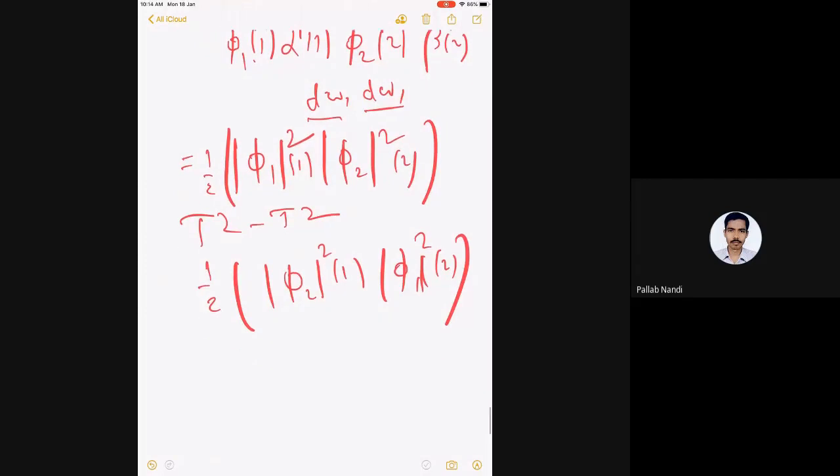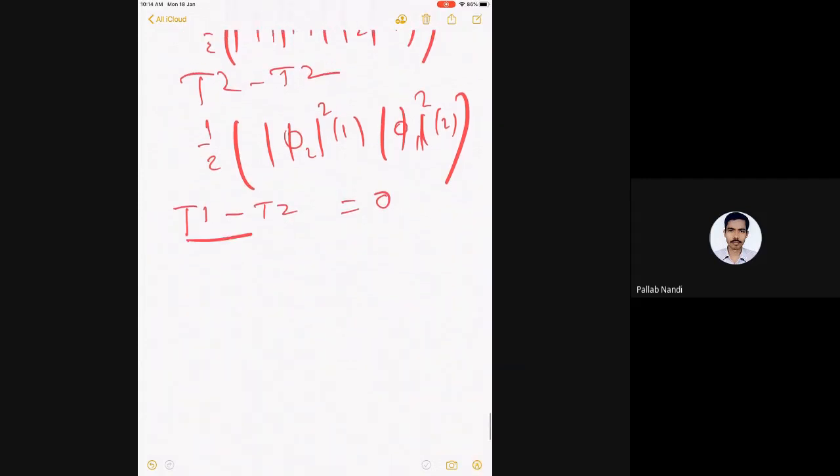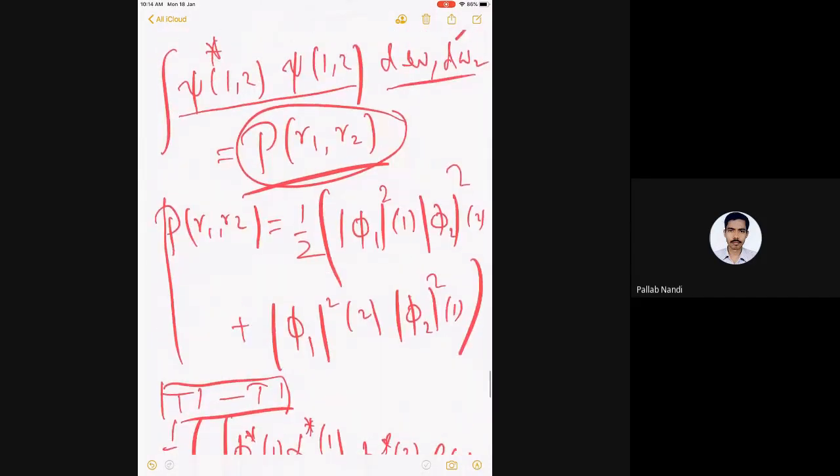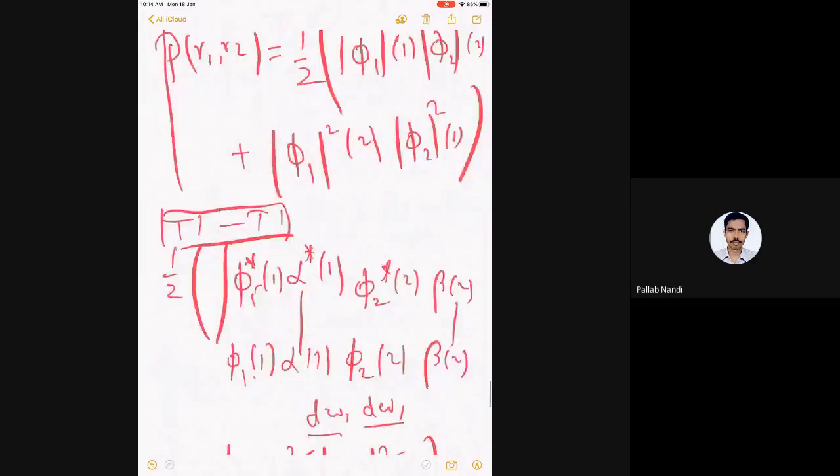Is it clear? So what I want to tell you is that if I take term 1 and term 2, or vice versa, term 2 and term 1, it will become 0. So to see this, you can take up this term. So again, half is there, half you forget. So I'm taking the term 1, which is phi 1 star 1, alpha star 1, phi 2 star 2, beta star 2. So let me write this.